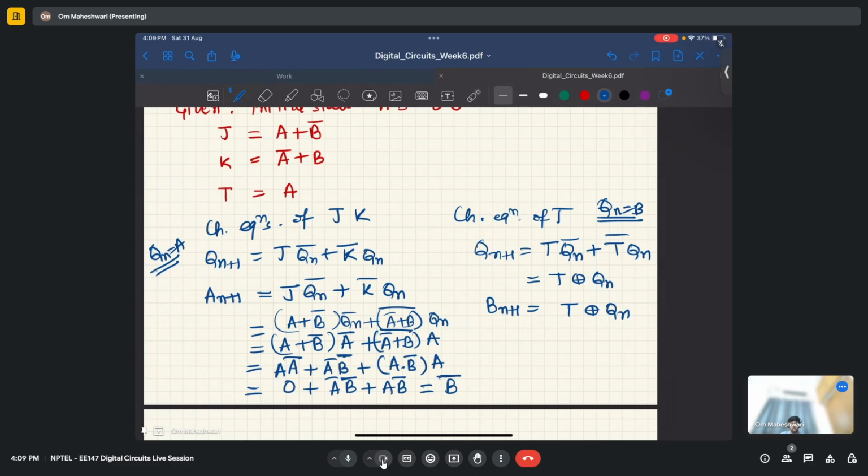A plus A bar will come common, so this is B bar. An plus 1 equals B bar.